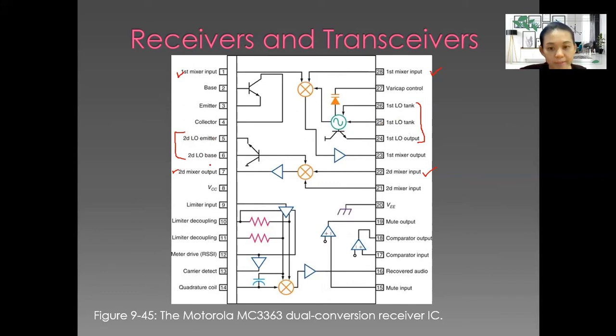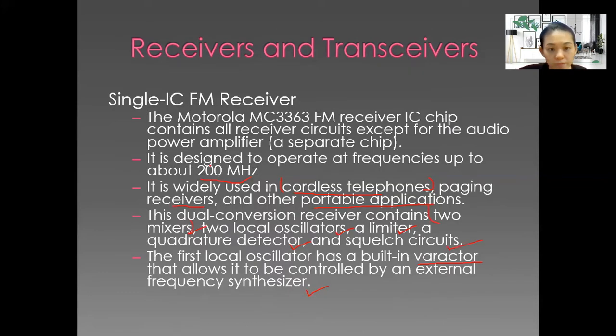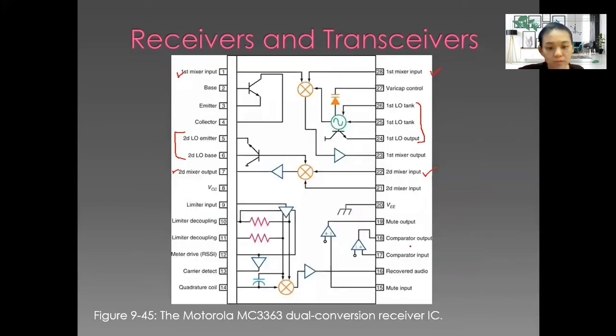Okay, second one, and we also have a quadrature detector and squelch circuit. Inside here we also have limiters. Just now in the explanation we had limiter and quadrature coil. This part is the quadrature coil, and this one is the mute input.